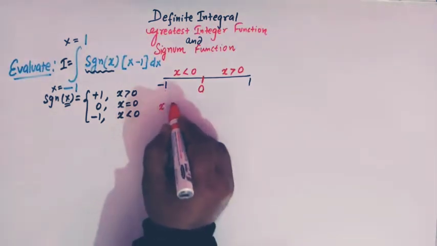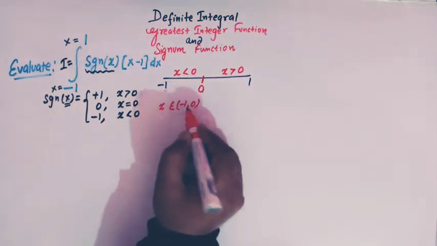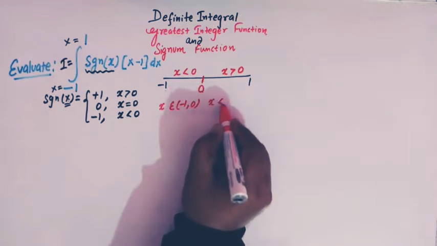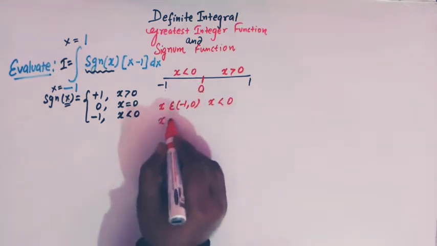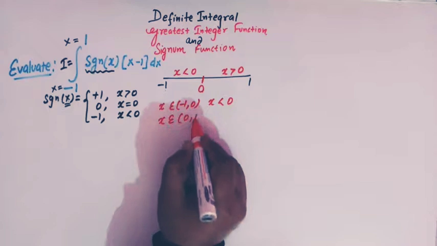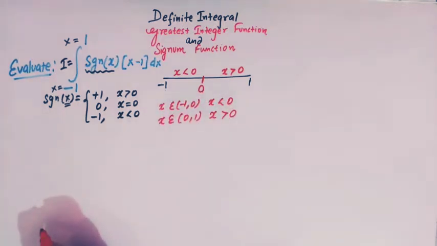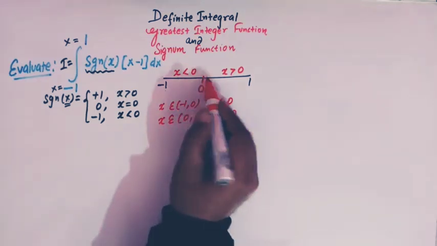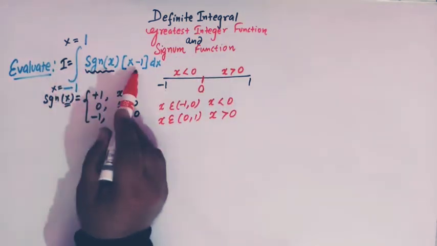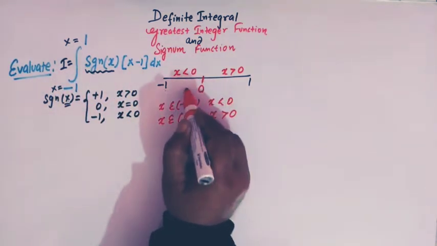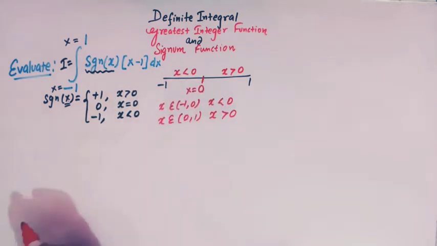So when x belongs to the interval from -1 to 0, x is less than 0, and when x belongs to 0 to 1, x is greater than 0. So we have to break our integral at this point, that is at x equal to 0.